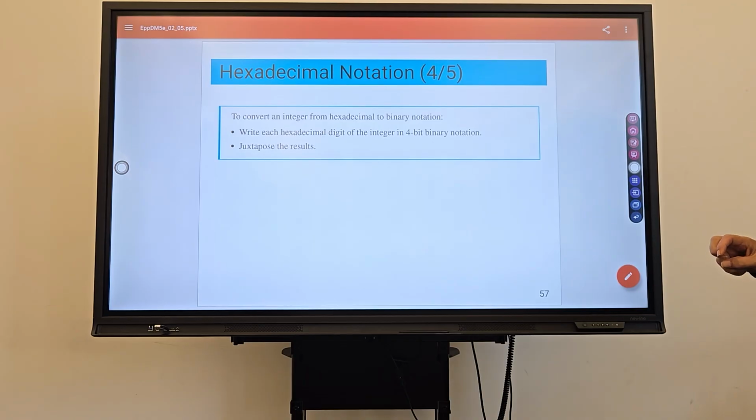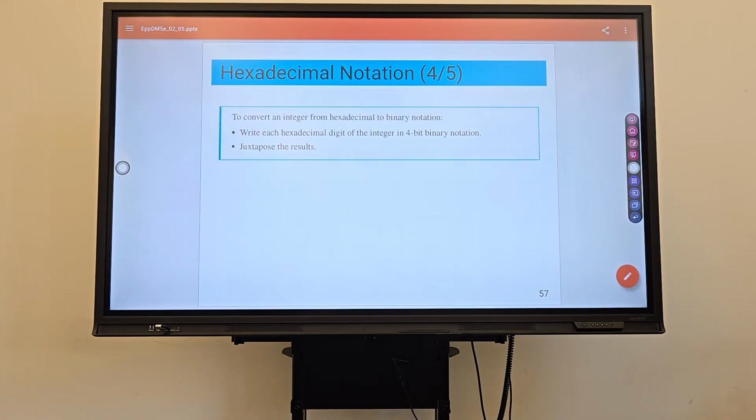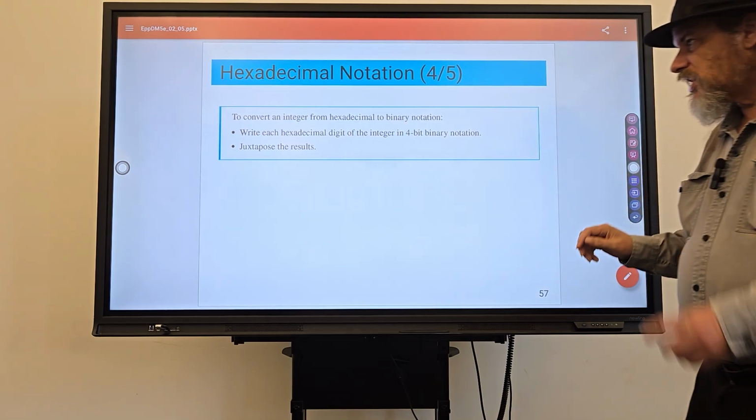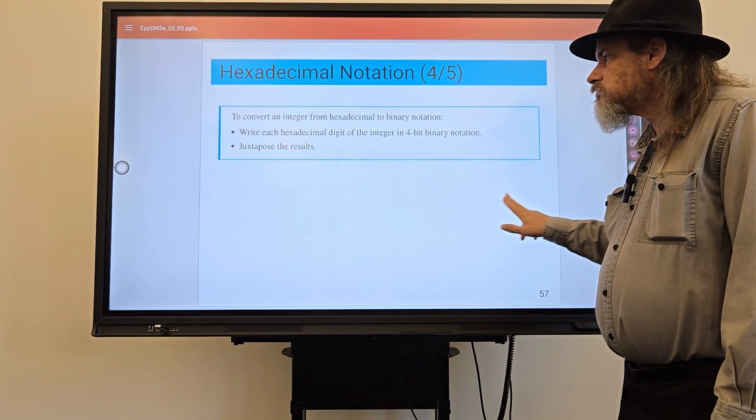But to convert to binary from hexadecimal, you just write each hexadecimal digit of the integer in 4-bit binary notation and concatenate the results.